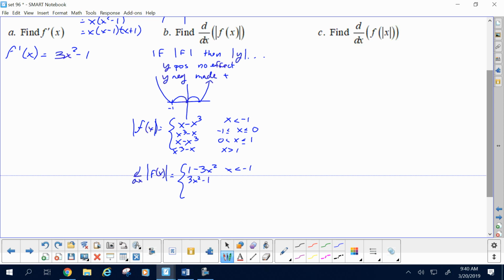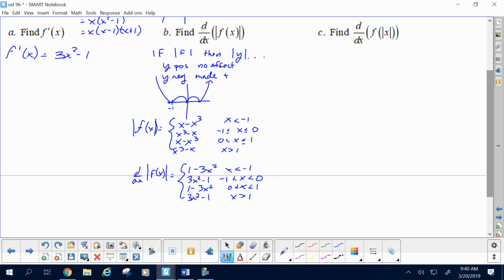Does the derivative exist? Should I include x in the derivatives at these places where it's getting flipped? No, they are sharp turns, so do not include them in the derivative. They should be included in the function because the function actually does exist there, but on the derivative it should not exist. So we're taking the derivatives, and the only difference is on the domains we're not including the flex points. Right?